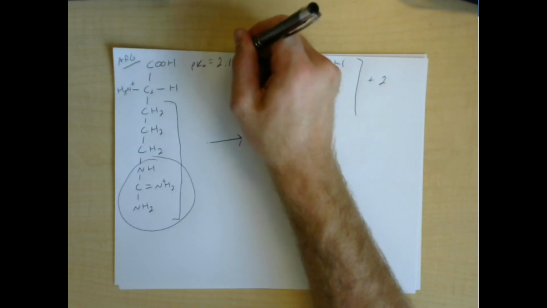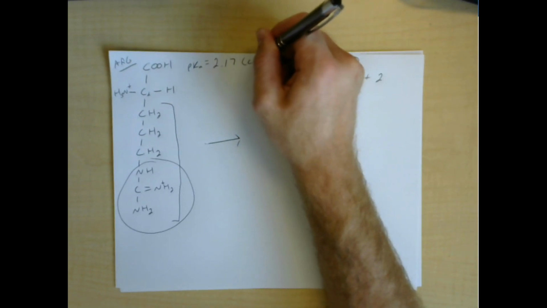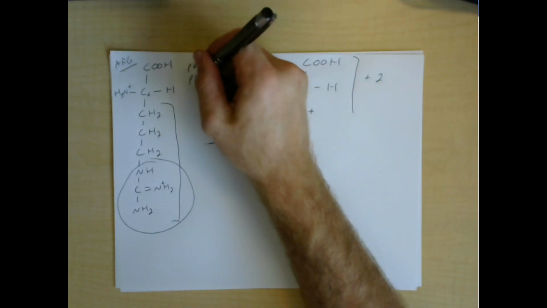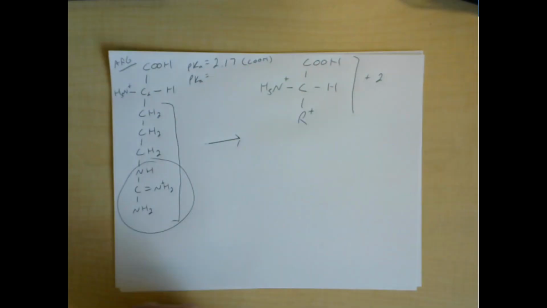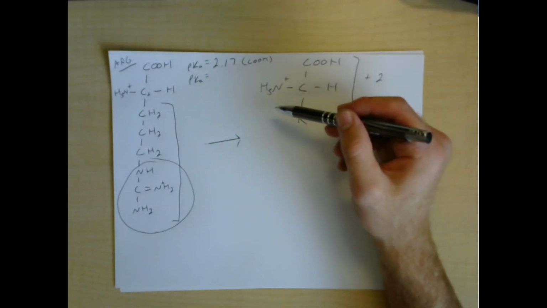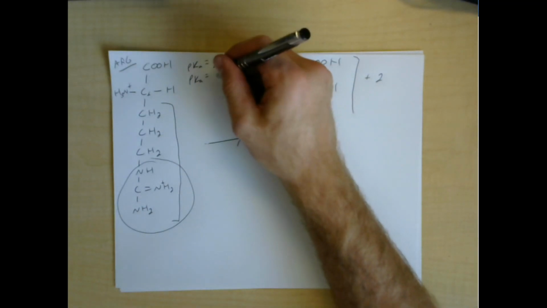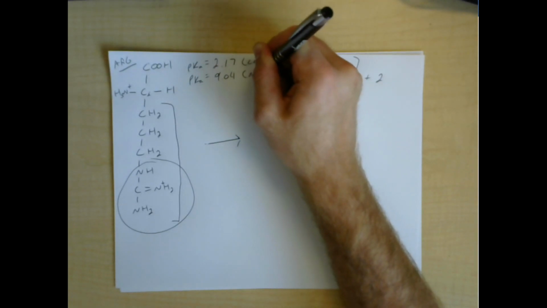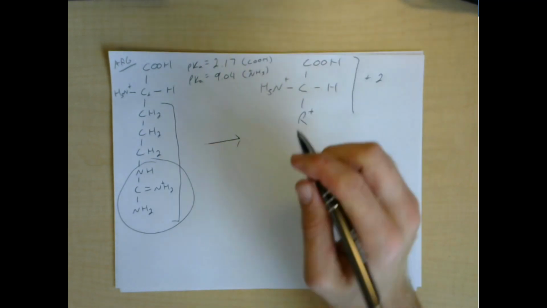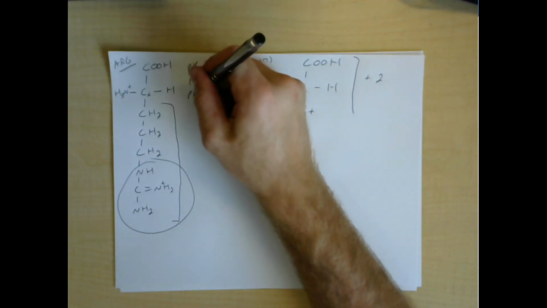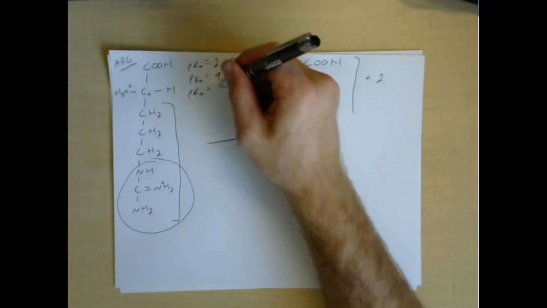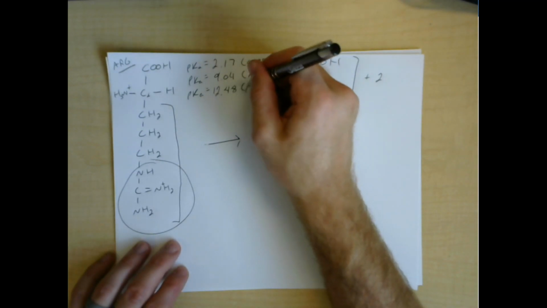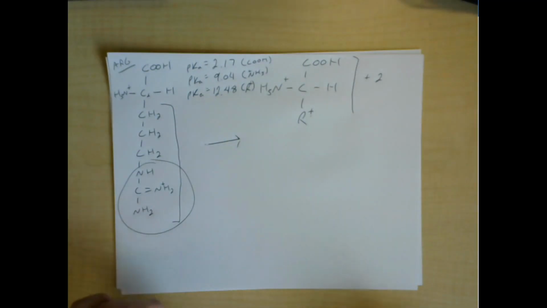So 2.17 for my carboxylic acid group. Hopefully you can read that. My next pKa, which is for my alpha amino group, is 9.04, for the NH3 group. My last pKa for my R group is 12.48. So you write that as R group.